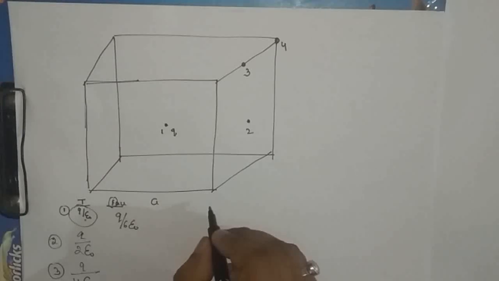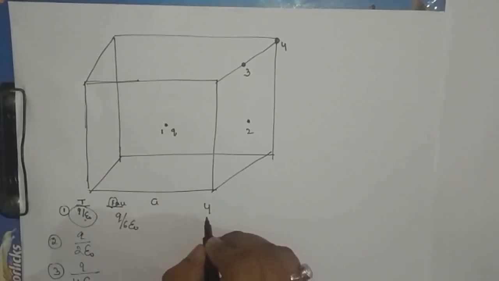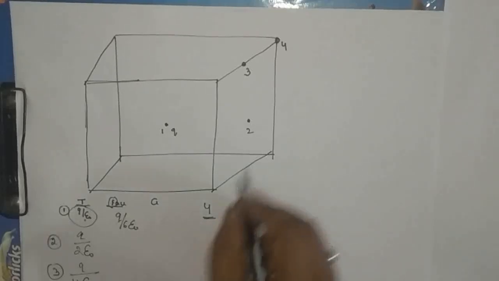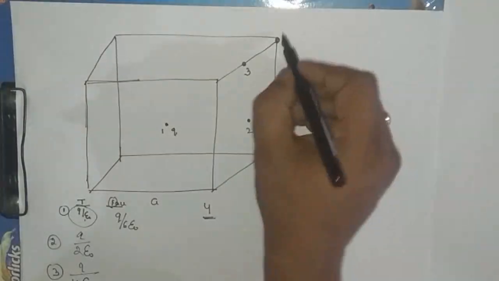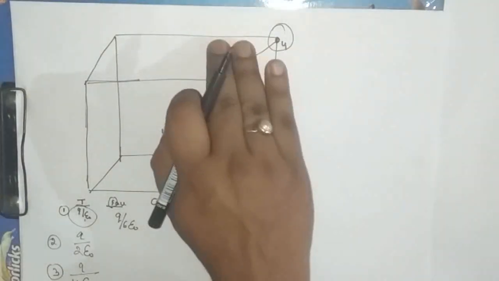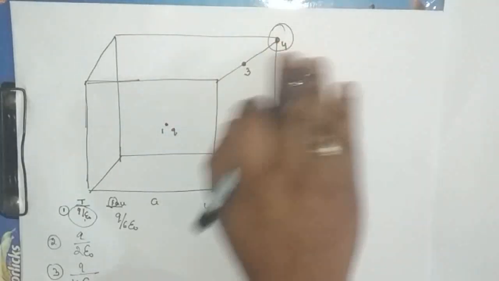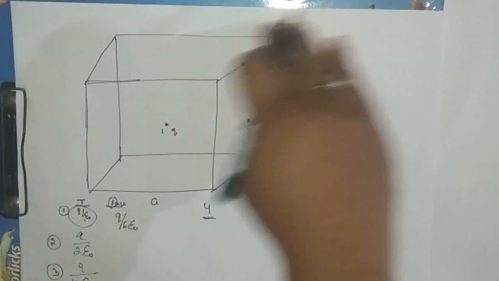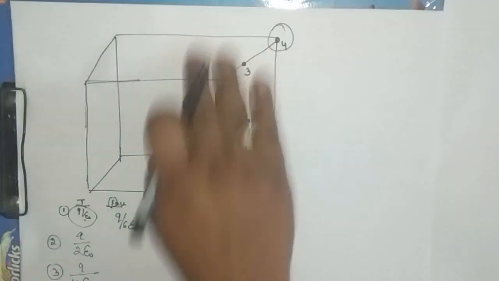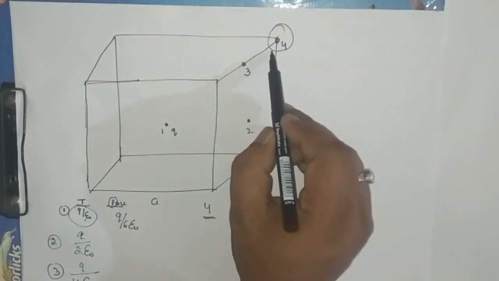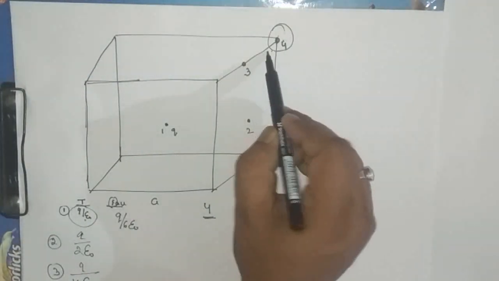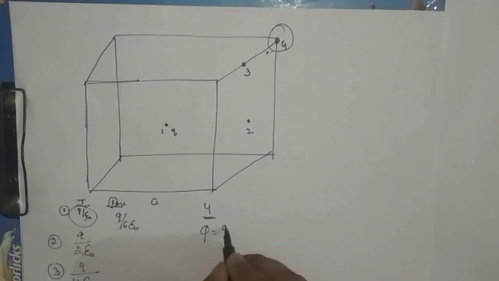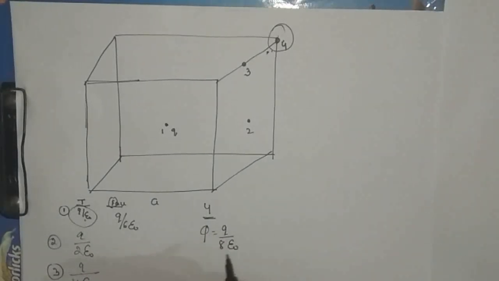For the face side, you have to think for the individual face how much flux. Now for the fourth, at a corner, if I think this is a cube, first the below half requires 4 cubes, the upper half requires another 4 cubes, so 8 cubes are required. That means 1/8 of the charge is inside this cube, so the flux will be equal to Q by 8 epsilon naught.